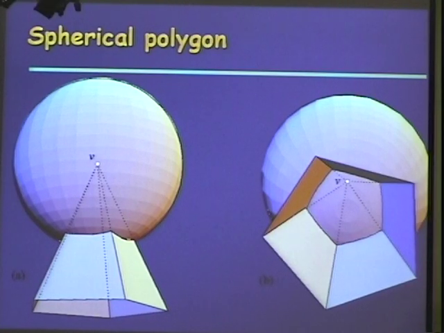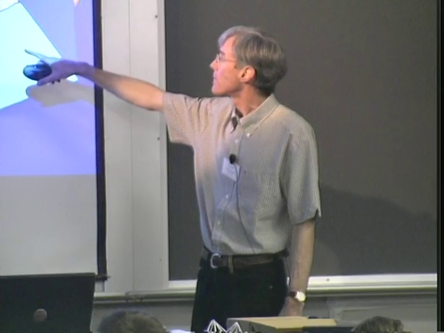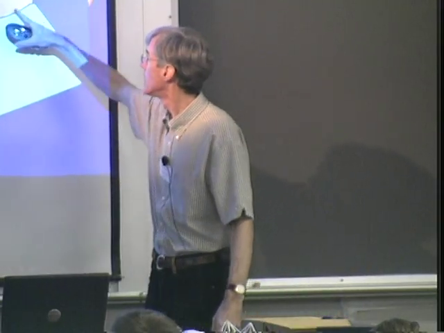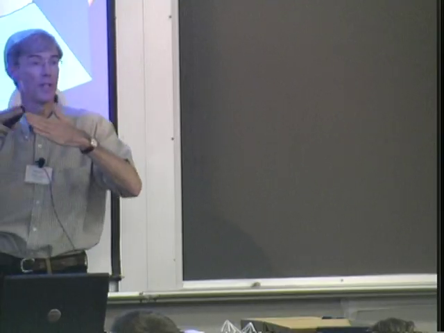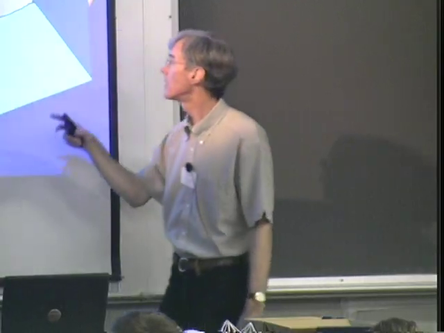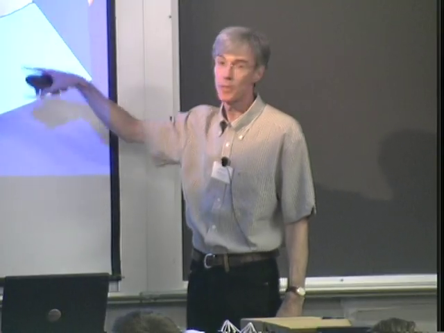And you can see that the dihedral angles here correspond to the internal angles of the spherical polygon. And the edge lengths of the spherical polygon correspond to the face angle of the corresponding face incident to the vertex. So the dihedral angles and the face angles are evident in this picture.